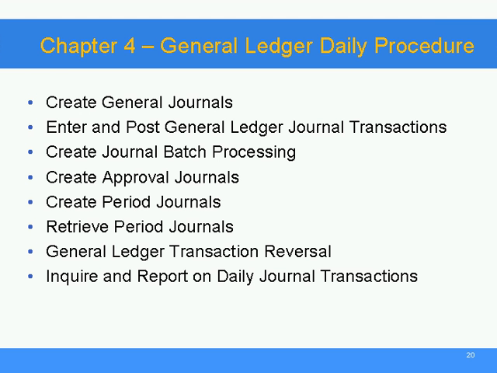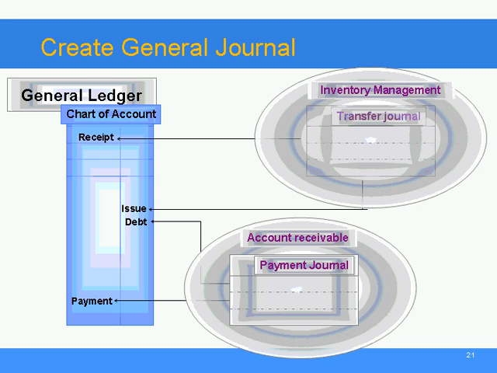Our objectives are: create general journal, and post general ledger journal transactions, create journal batch processing, create approval journals, create period journals, retrieve period journals, general ledger transactions reversal, and client report on daily journal transactions.